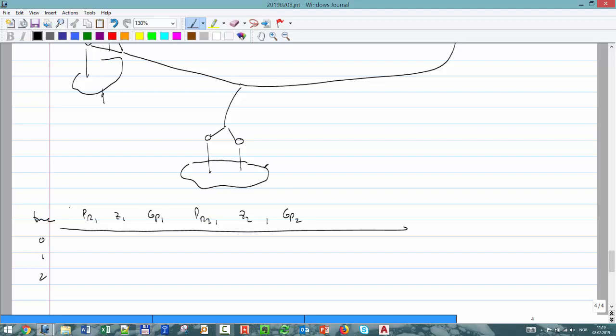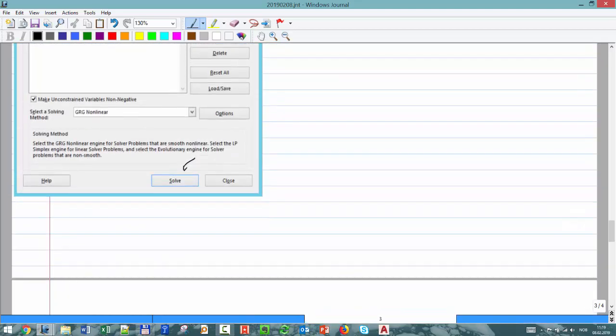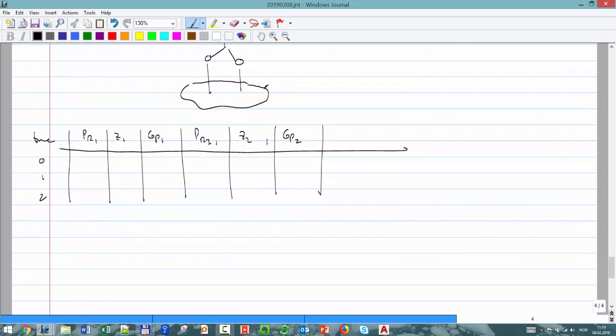So just be aware of that when you add more wells into the same network to calculate the production profile at a given time. You know how to do it, but if you progress in time, you have to keep track of these for each reservoir unit you have.